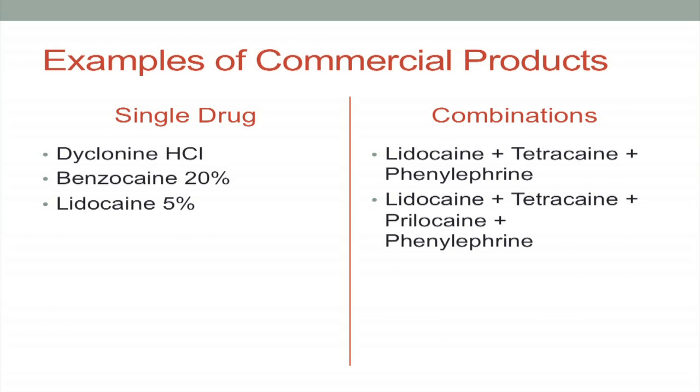Examples of single drug and combination products are shown here. Note that the combination products are typically available only by prescription from compounding pharmacies and must be used with great caution because of the high concentrations of multiple local anesthetics and even vasoconstrictors.